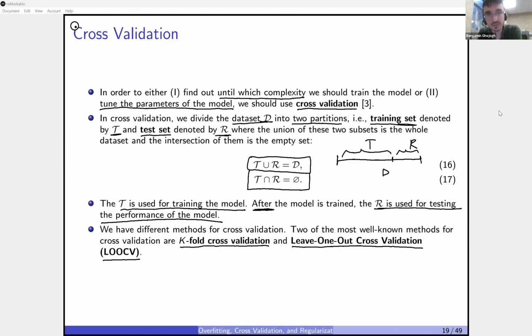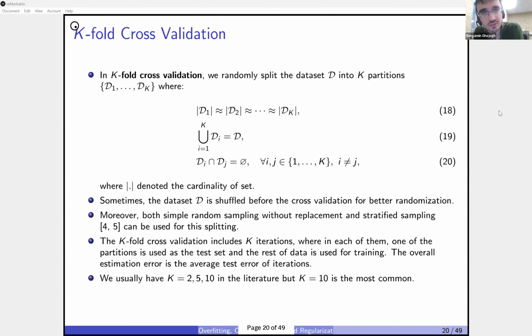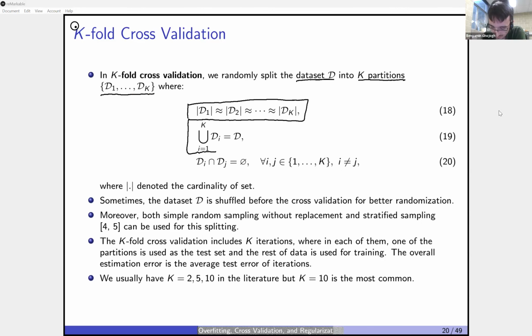Okay, so in k-fold cross-validation, we randomly split the dataset D into k partitions, D1 to Dk. Usually, we let the sizes be the same, or almost the same. Also, their union should be D, and the intersection of each two of them is empty.